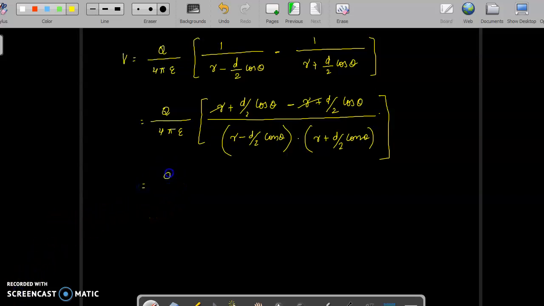So this becomes Q by 4 pi epsilon, d cos theta, and in the denominator, a minus b and a plus b, so a square minus b square, so r square minus d by 2 cos theta all square.